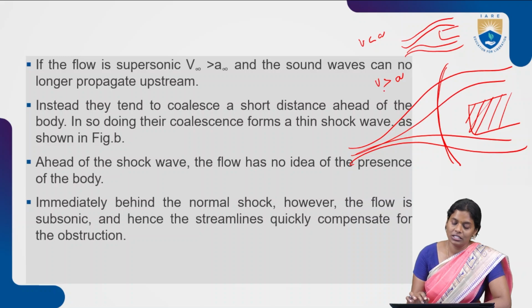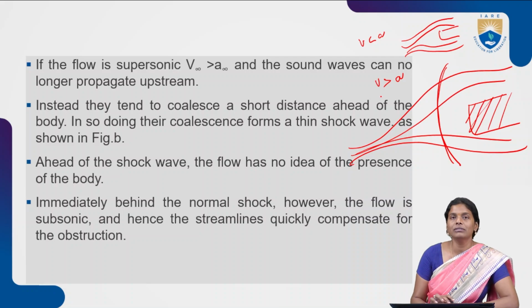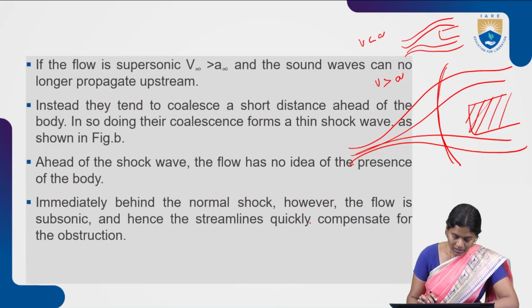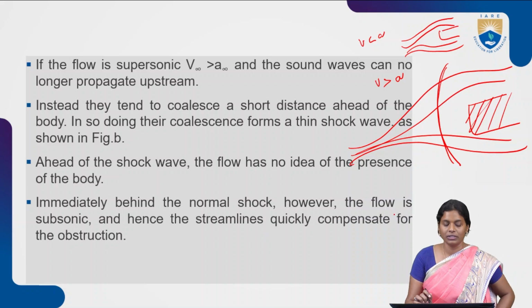But when the speed of the object is more than the speed of sound, the sound waves no longer propagate upstream, and the flow does not know there is a body present. So we have the shock wave. Immediately behind the normal shock wave the flow tends to be subsonic. Hence, the streamlines quickly compensate for the obstruction.